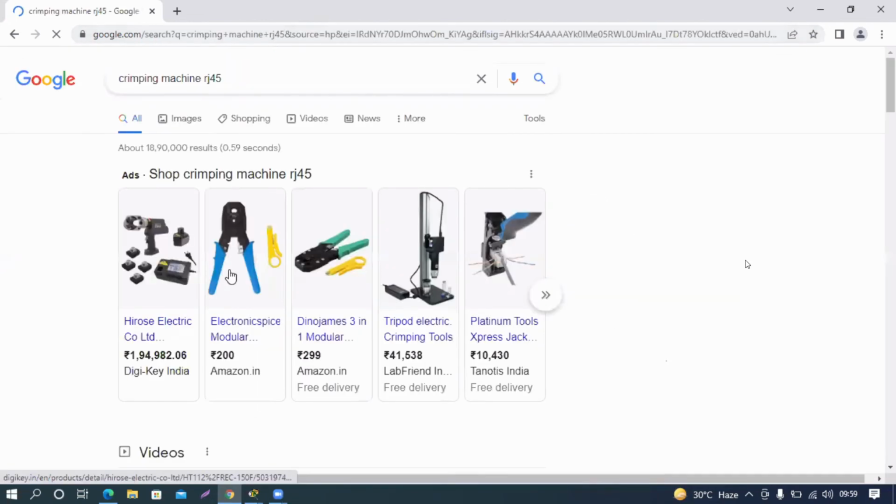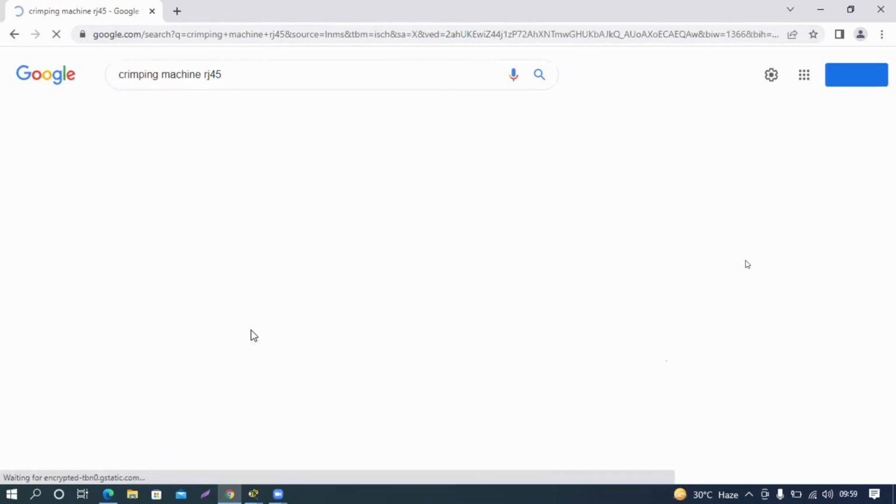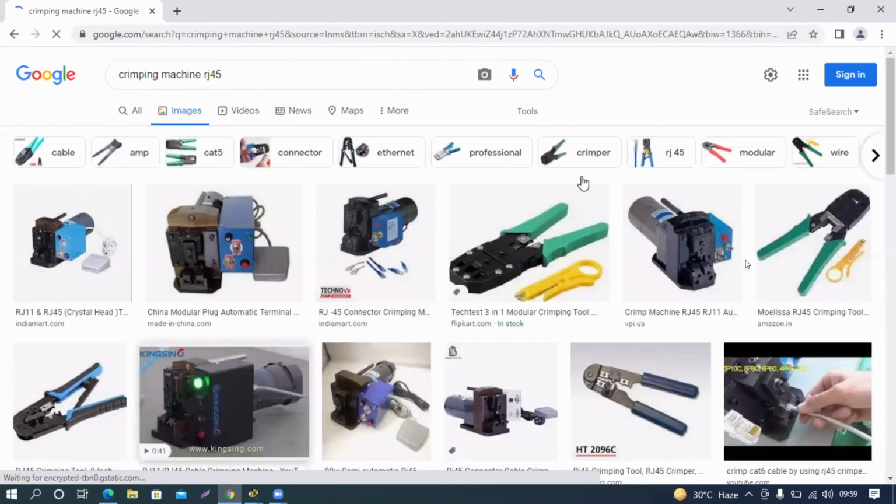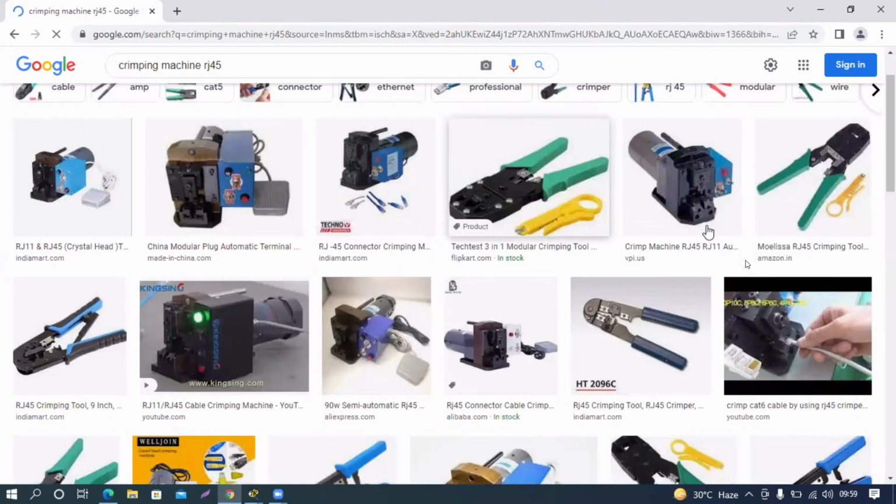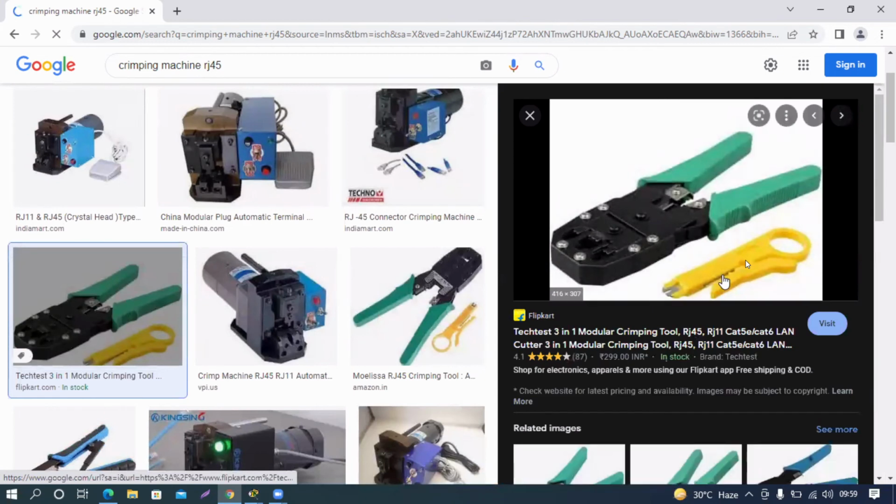This type of crimping machine is what you need in order to make the cable.